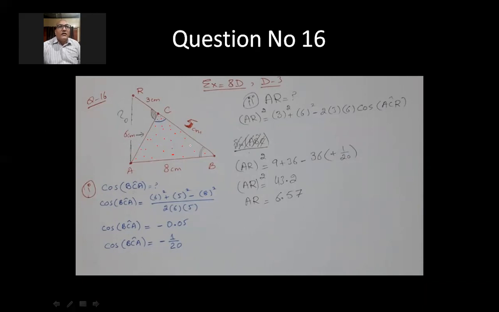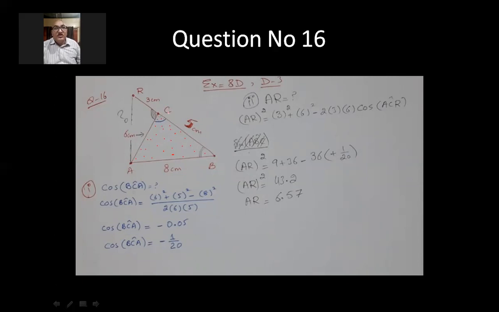So we are talking about the triangle ABC, and he says in the triangle ABC, the AB is equal to 8 centimeter, BC is equal to 5 centimeter, and the CA side, this side, CA side is 6 centimeter.